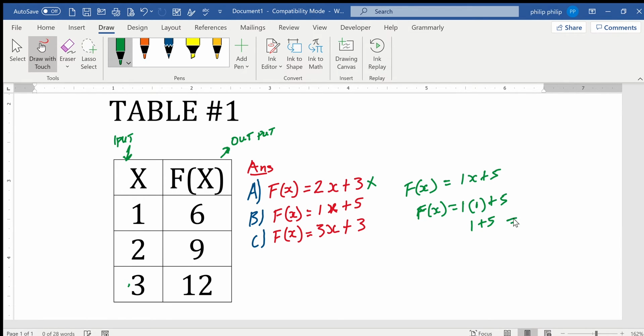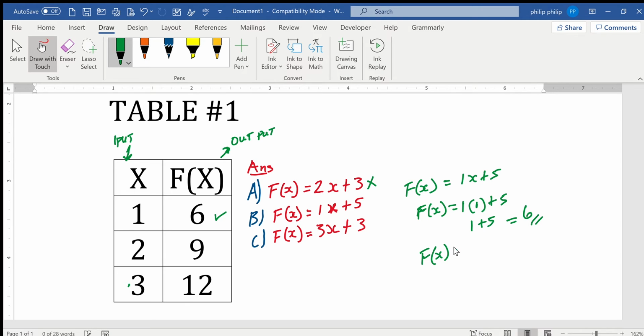So 1 plus 5 is 6. Does it satisfy our equation here? Yeah, it satisfies the first one, but let's see if it satisfies all of it, because when you're solving this function, if you pick one equation here, it has to satisfy all of these, okay? It has to work for everything there.